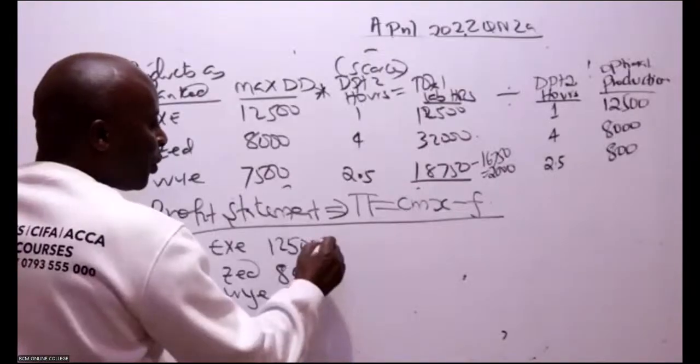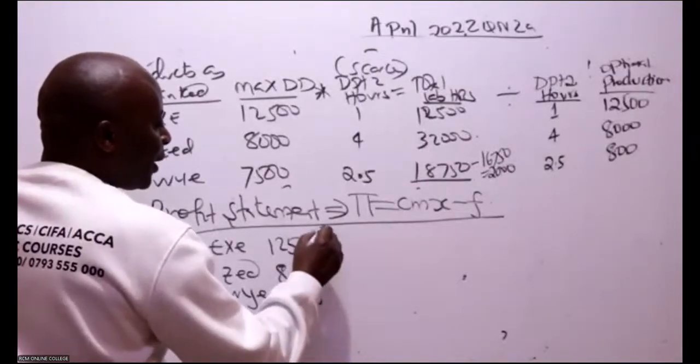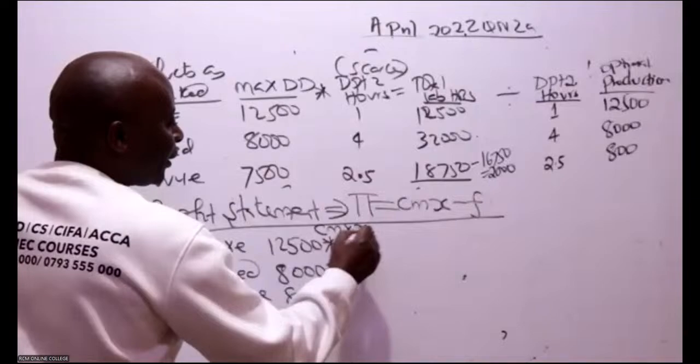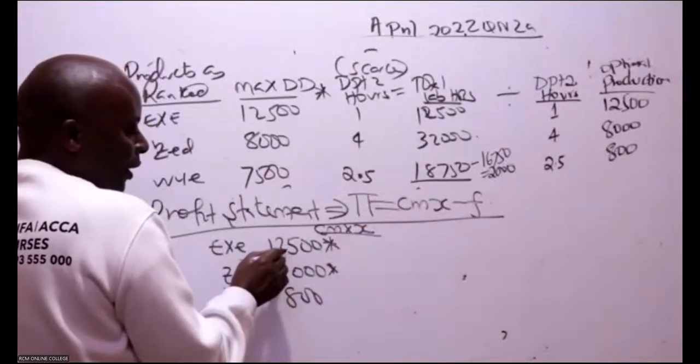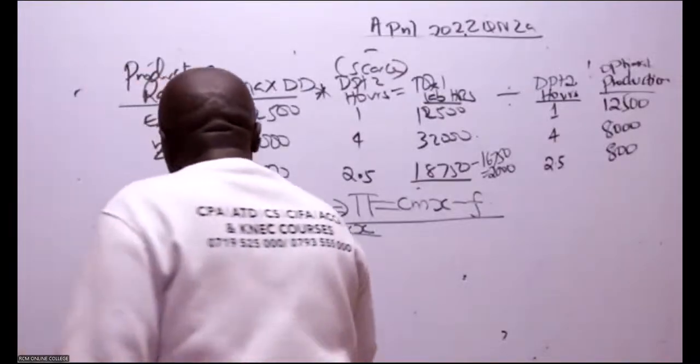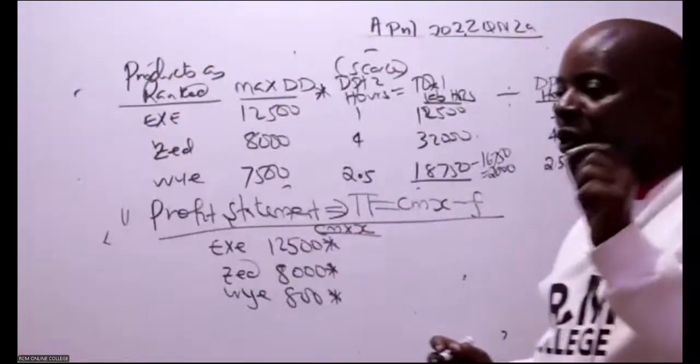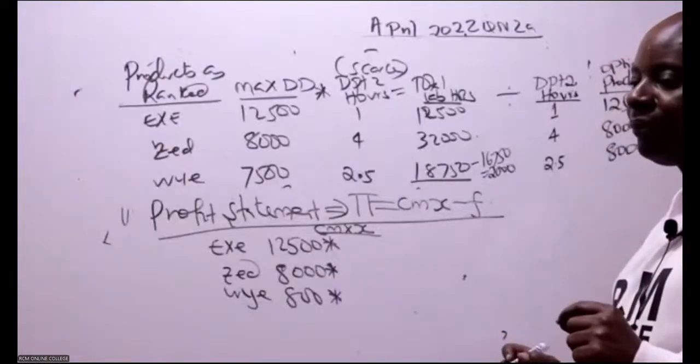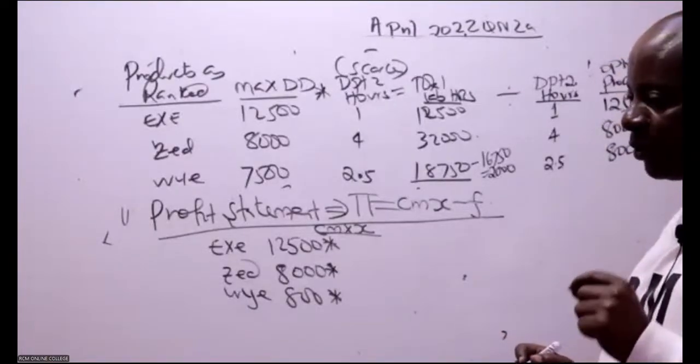So are you able to give me the contribution? I want to get CMX. These are the quantities. From the very original table that we did, is there somebody able to give us the contribution margin for X?